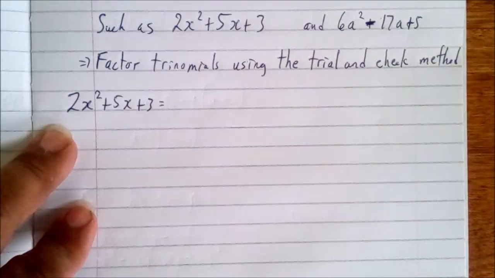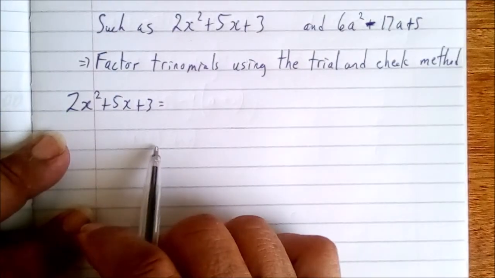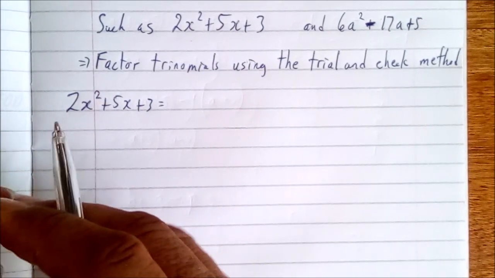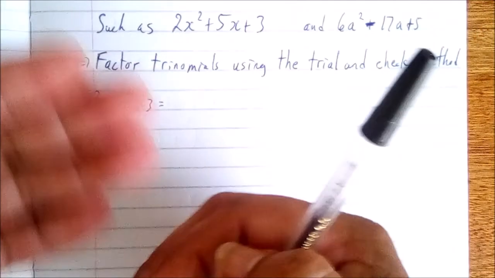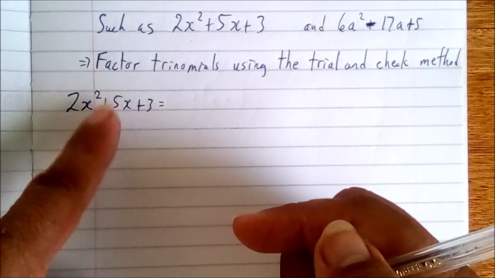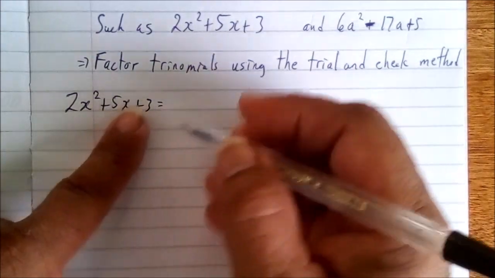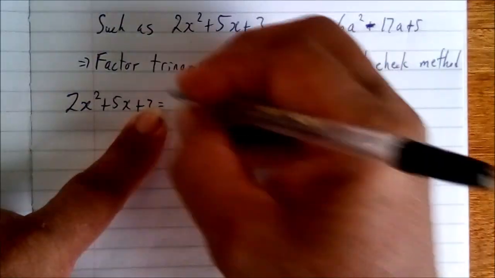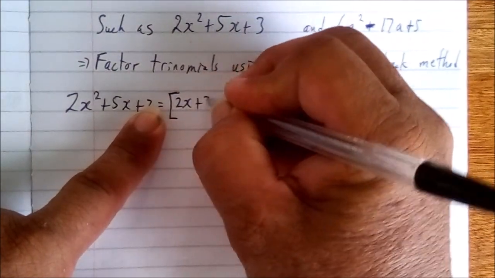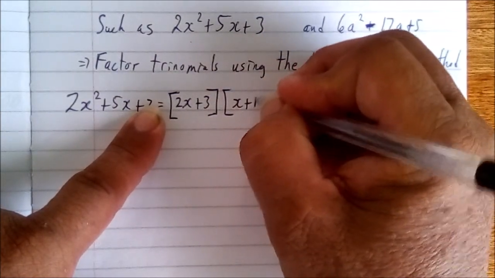What we are going to do is look at the factored form, and then see how it unveils itself to get to this endpoint. So if we were to factor this out, this is what would have happened as a solution. We would end up with 2x plus 3, open close bracket, and then open the second bracket, x plus 1.